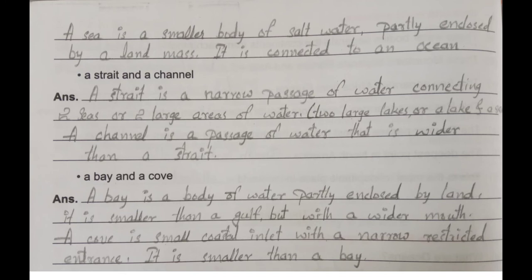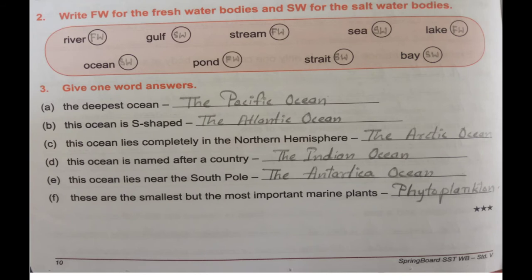Write down the next one. The second main question: write FW for the fresh water bodies, and SW for the salt water bodies.